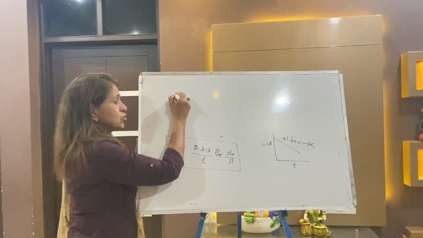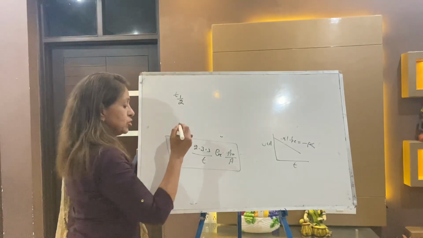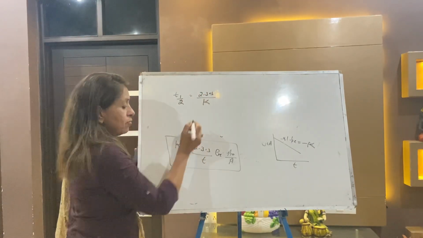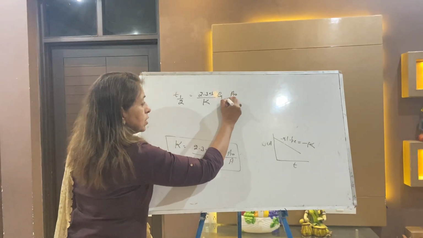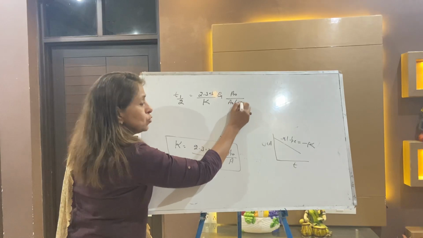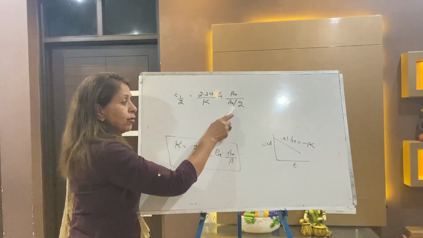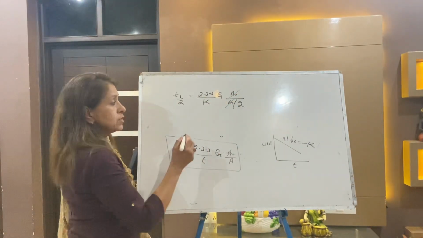Half-life is the time when the reactant becomes half of its original amount. So t half is equal to 2.303 by k log A0 divided by A0 by 2, where A is equal to A0 by 2. A0 cancels.